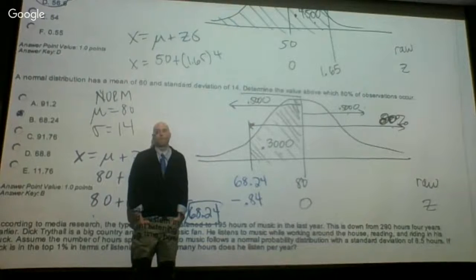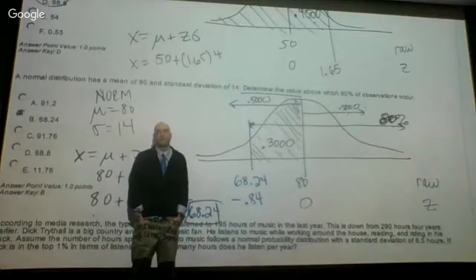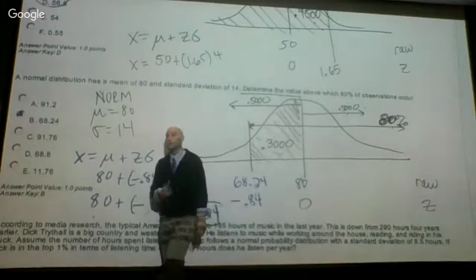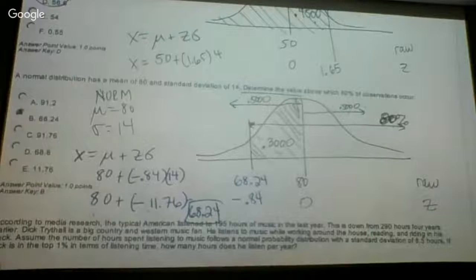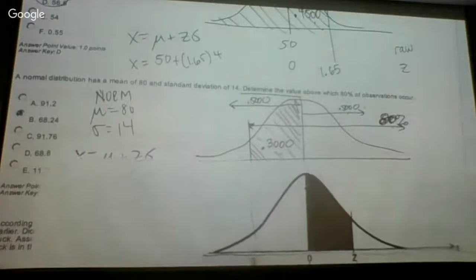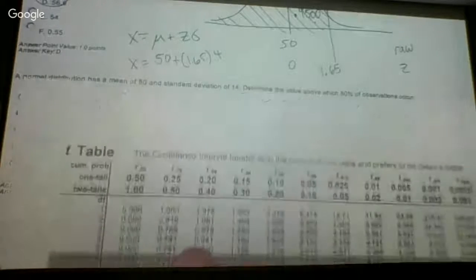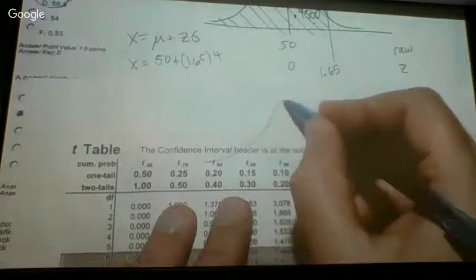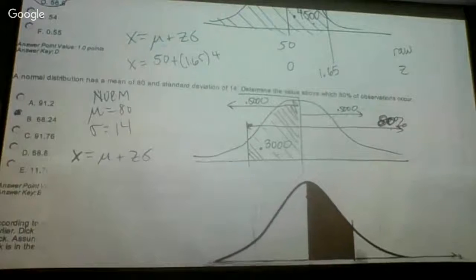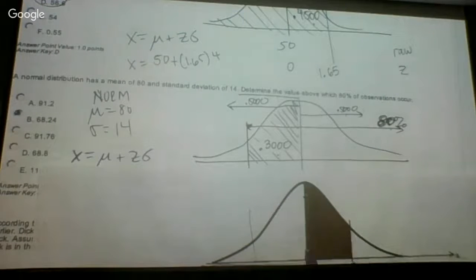Our table can only manage areas between the mean and some other value, but it can't do tail areas.